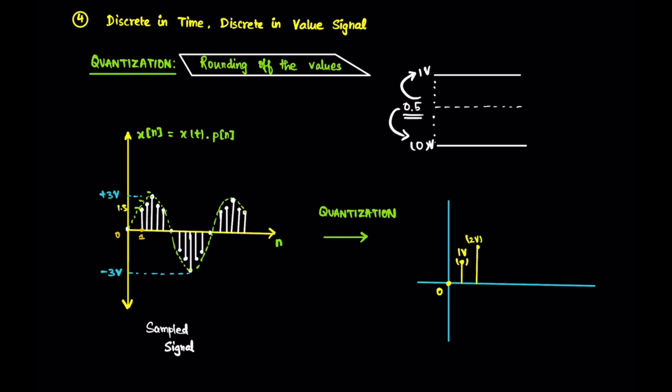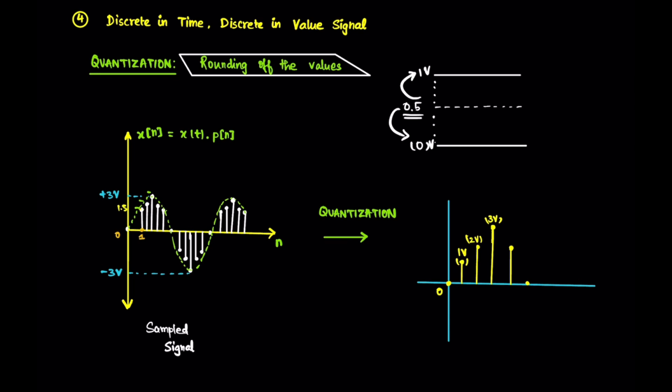The next point is 3. So we are going to keep it as 3. If the next point is 1.6, right, you have to round it off to 2 again. And if the next point is 0.2, then you have to round it off to 0. So that is how you perform quantization.